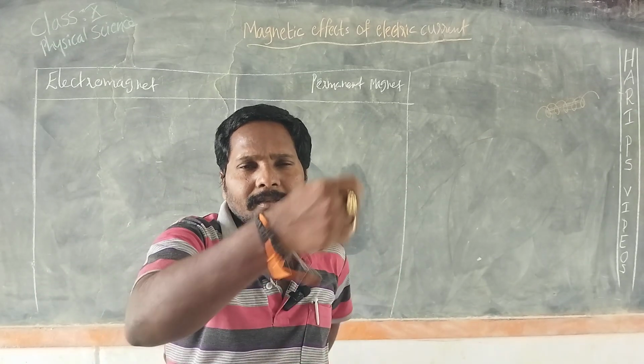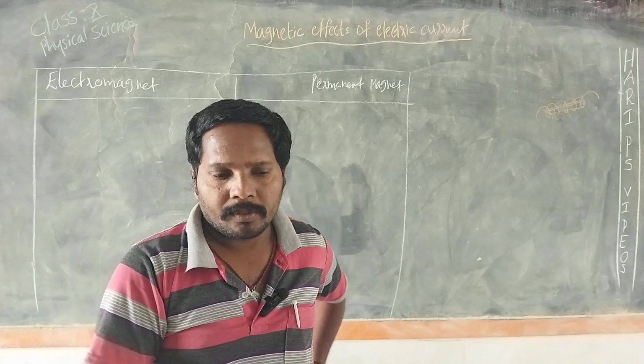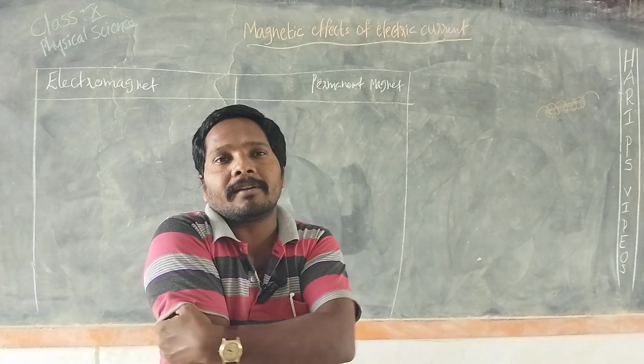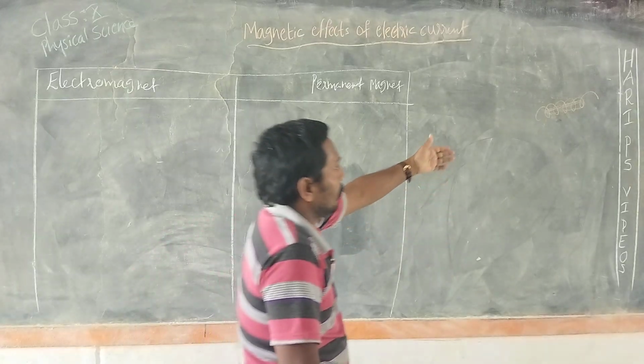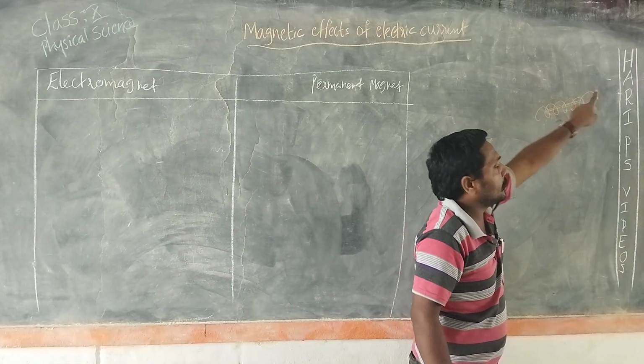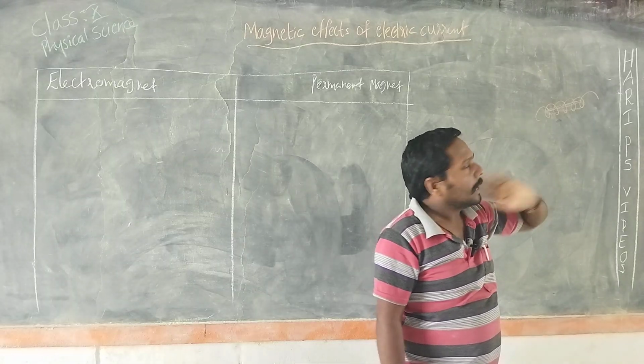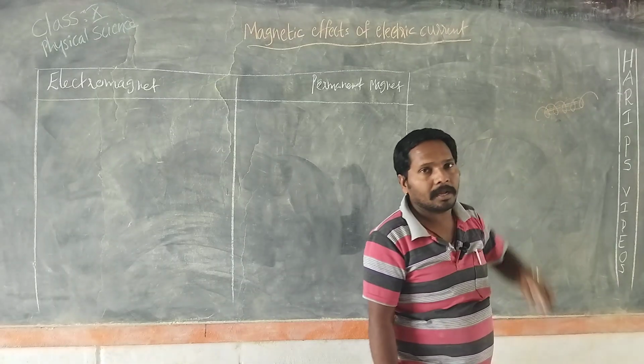One is by rubbing, and the other is placing a magnetic material in a magnetic field. In the case of a solenoid, when current is passed through it, it creates a magnetic field around it.